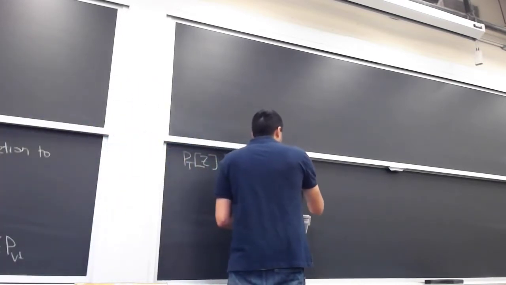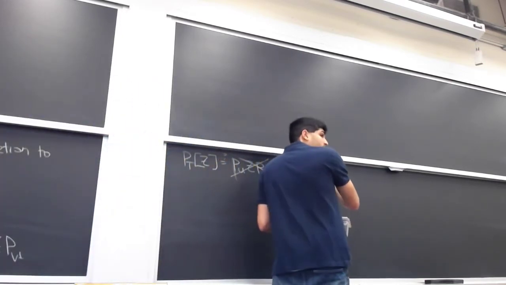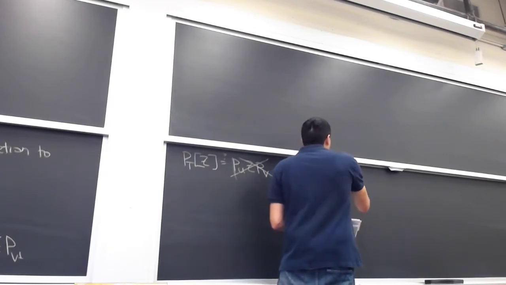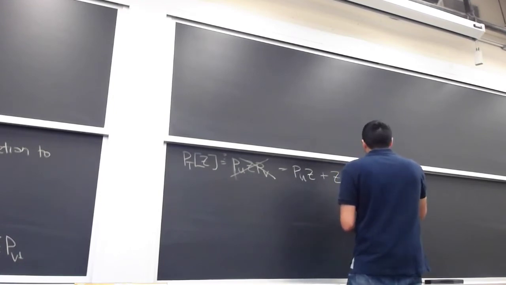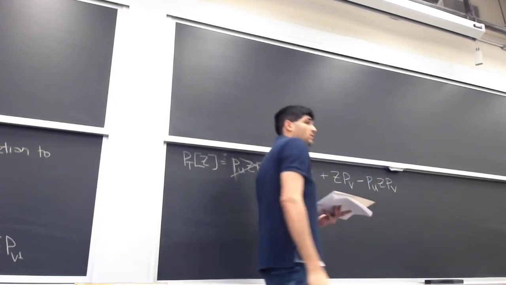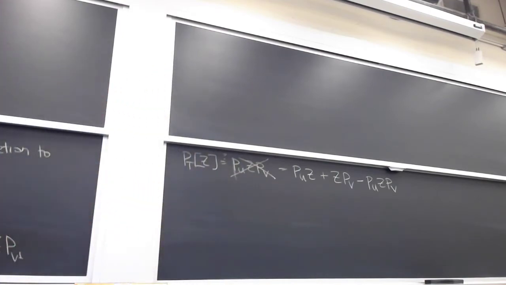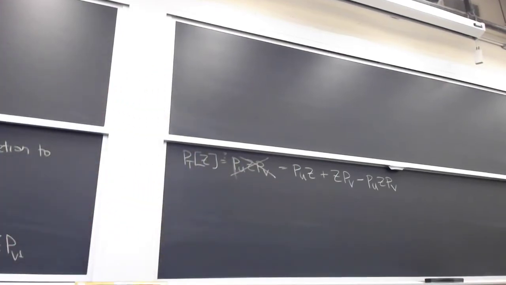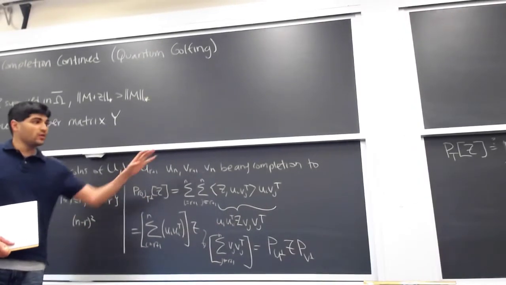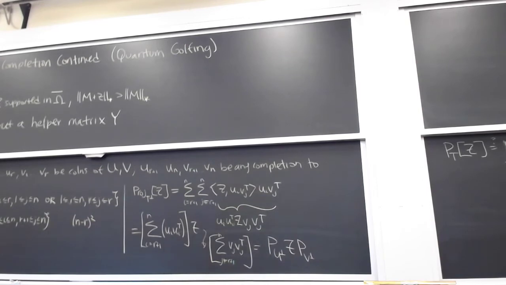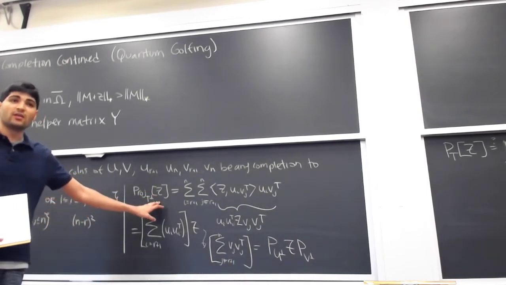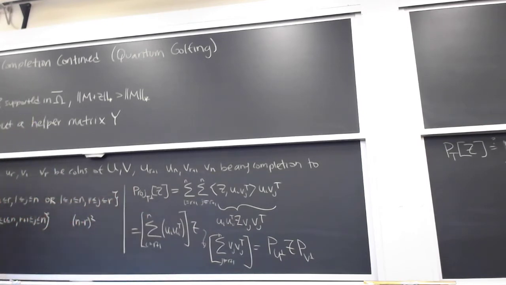So P_U Z, plus... yes, perfect. So you have to use inclusion-exclusion here. You can do it the same way if you think about it explicitly. Even though the projection onto a linear span over matrices looks a little bit counterintuitive, you can always go back to this definition, because what I gave you was an orthonormal basis for the linear span over matrices.